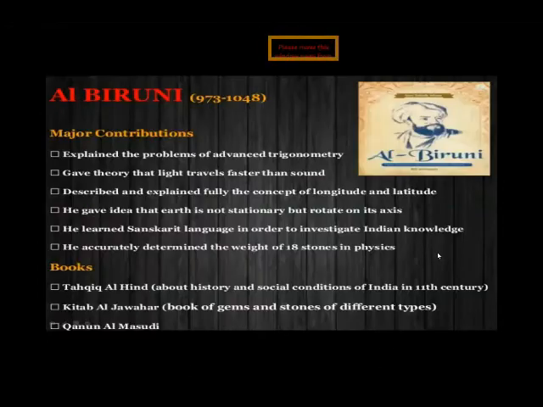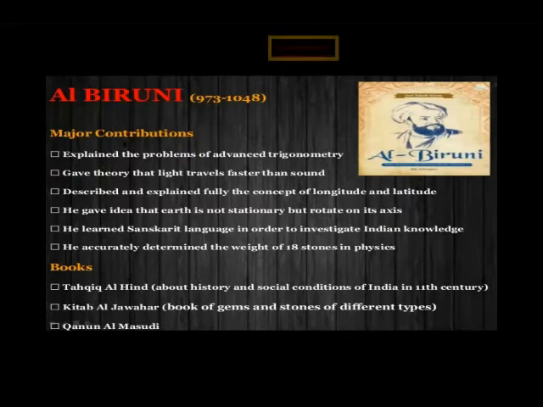Now, the next Muslim scientist was Al-Biruni. He was born in 973 AD and died in 1048 AD. He also worked in different fields of physics.